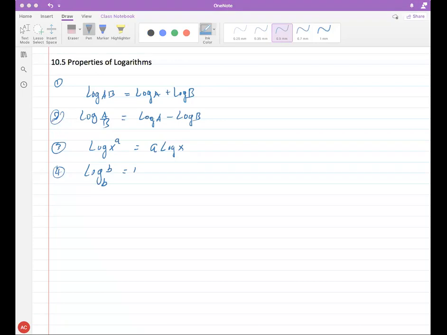We have one more. So if you have a power to a log, let's say x to the power log x.